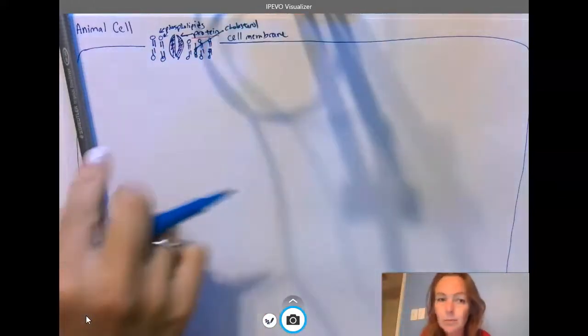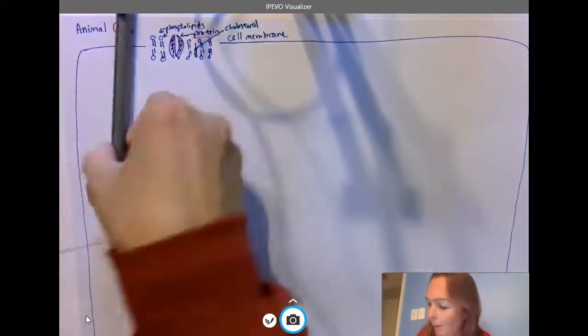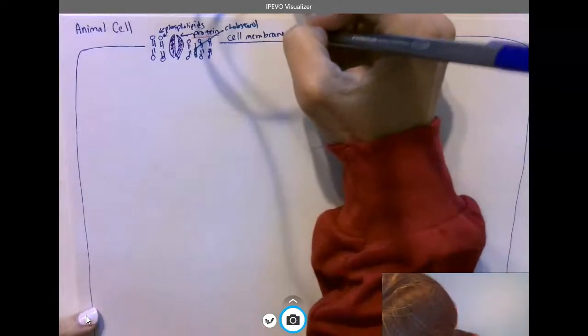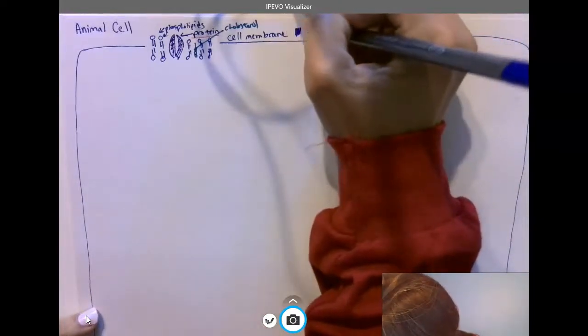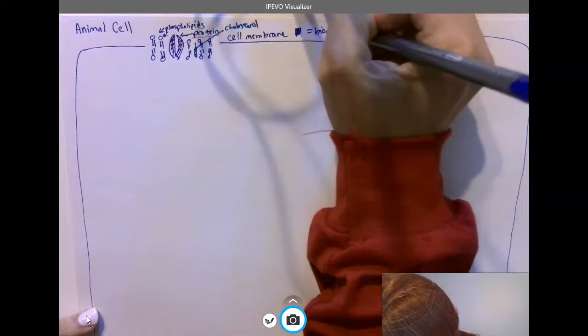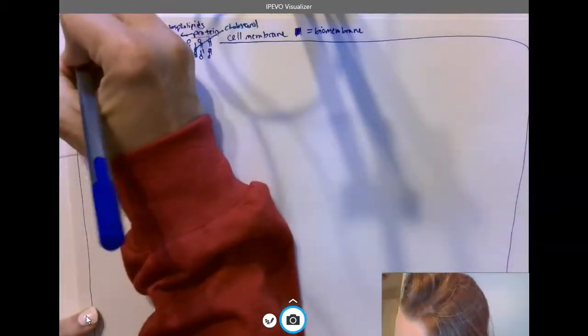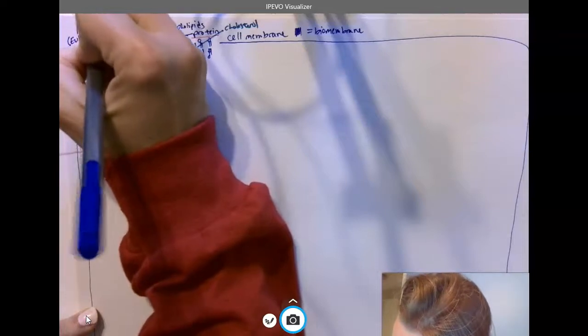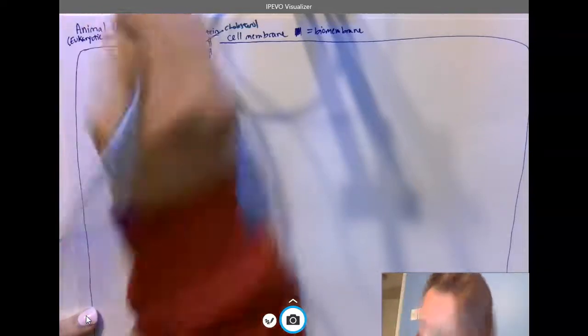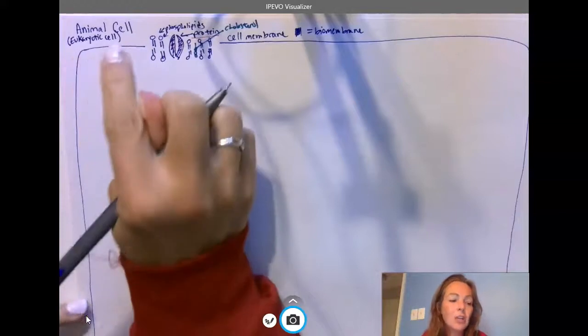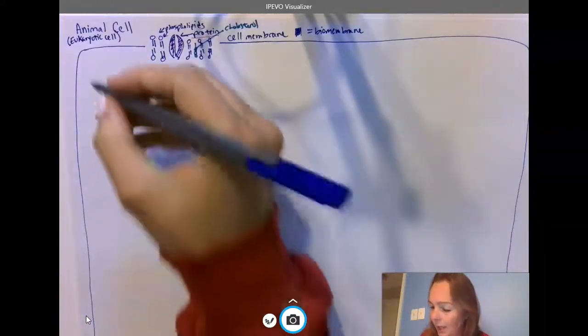So whenever I use this blue, please know that it is a biomembrane. And remember, an animal cell is a type of eukaryotic cell, which means there are internal membrane-bound organelles.